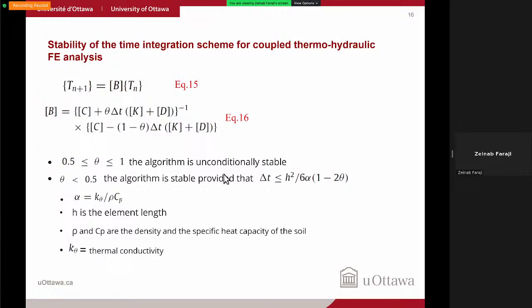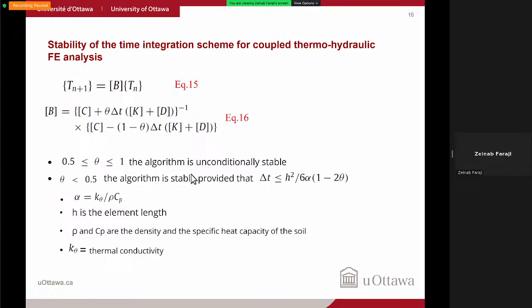Actually, I will skip the rest of the calculation for eigenvalues, because it's going to take so long, and I've just presented the results here. The results are, if theta is between 0.5 and 1, the algorithm is unconditionally stable. But for theta less than 0.5, the algorithm is stable provided that delta T is less than h squared divided by 6 alpha multiplied by (1 minus 2 theta).